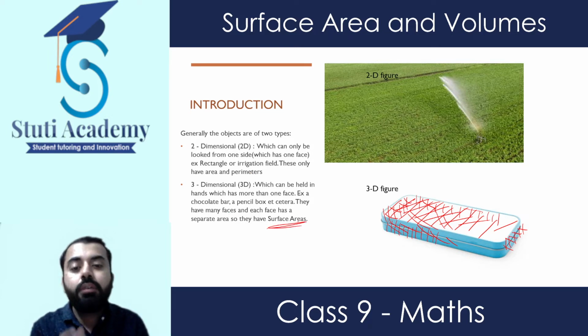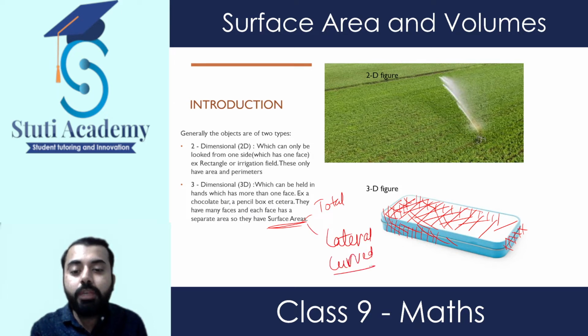How do we do it? Just calculate the area of each face, then add them. We end up having two types of area. One will be my total surface area and another one will be my lateral, or you can say curved, surface area. Curved happens when we have a curved figure, considering we have a cylinder, etc. And lateral surface area will be only for those figures that have straight lines.